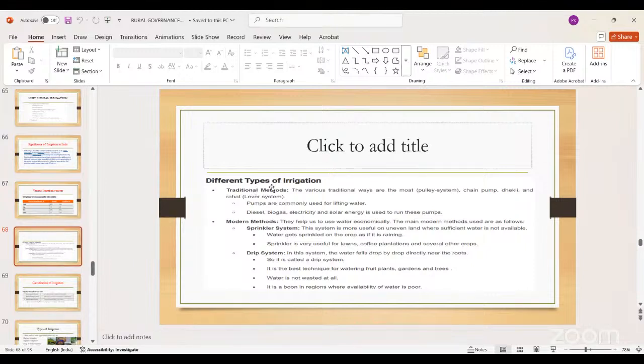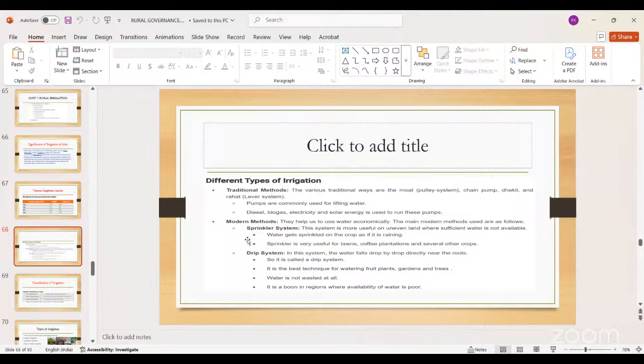In traditional methods, the pulley system, chain pump, Dekli, Rahat, and lever system, then pumps were commonly used for lifting water. The energy sources being used were diesel, biogas, electricity, and solar energy to run these pumps.